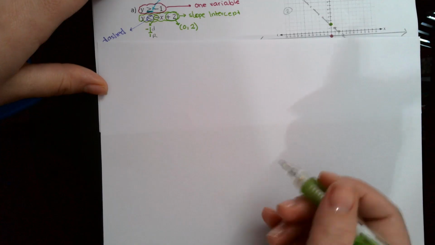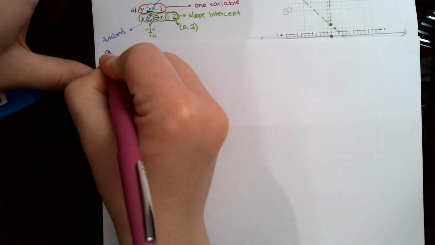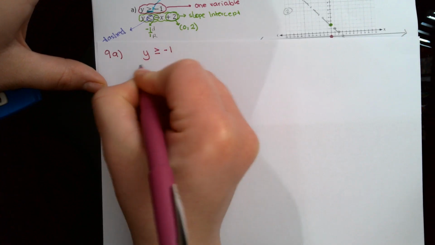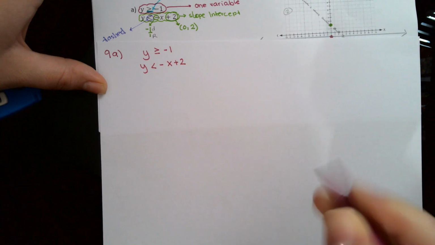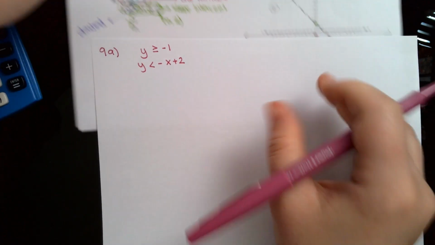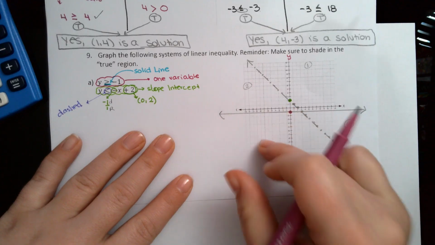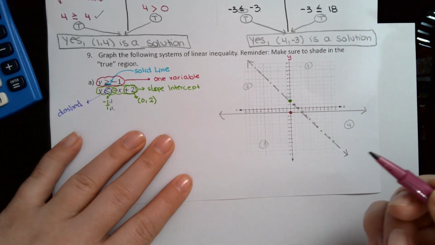I am going to copy down my inequalities, both of them. So this is 9a. I have y is greater or equal to -1. I have y is less than negative x plus 2.